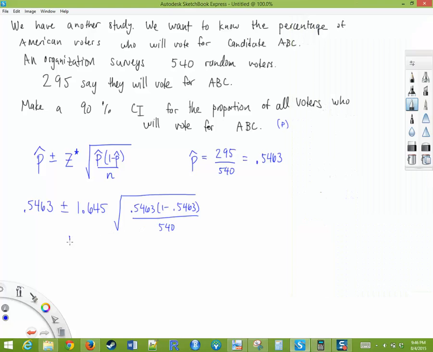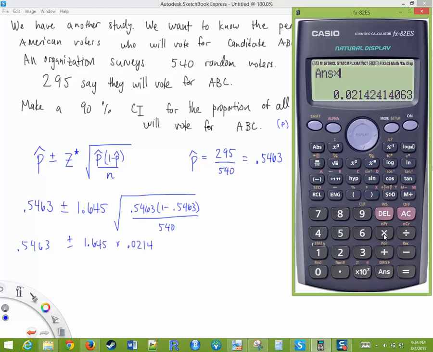So I'll have plus or minus 1.645 times 0.0214, and I have 0.5463 plus or minus that. So now I'm going to multiply 1.645 times 0.0214, and I get 0.0352. If you did a little bit of rounding off, your answer might be just ever so slightly different from mine, but don't sweat it. So I have 0.0352.